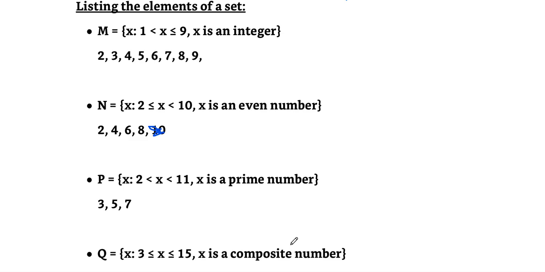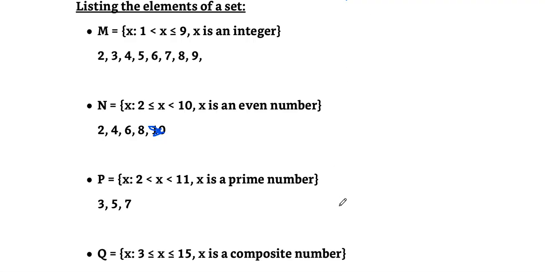For example, 3 is not a composite number because the only factors 3 has are 1 and 3, right? So if you look at numbers that are greater than or equal to 3 and less than or equal to 15 that are composite, we are going to start with 4.